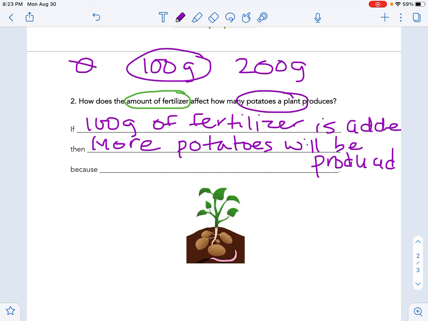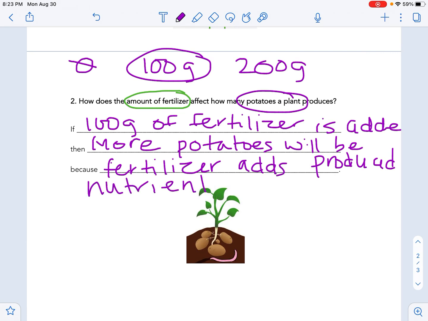Well, I know that fertilizer is like food for the soil. So by adding that food, we're adding nutrients, because the fertilizer adds nutrients to the soil.